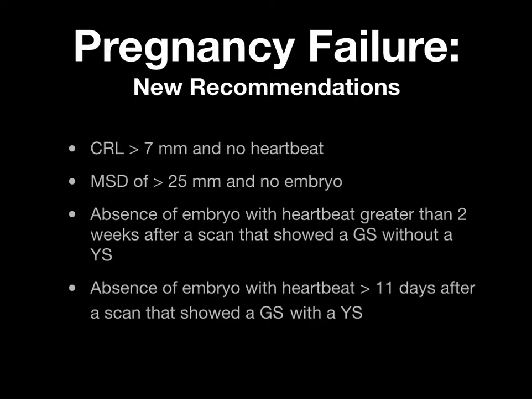The current recommendation is a mean sac diameter of greater than or equal to 16 millimeters and no embryo. The absence of embryo with heartbeat greater than 2 weeks after a scan that showed a gestational sac without a yolk sac. And lastly, absence of an embryo with heartbeat greater than 11 days after a scan that showed a gestational sac with a yolk sac.